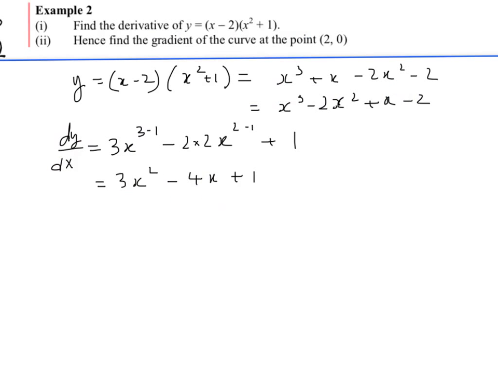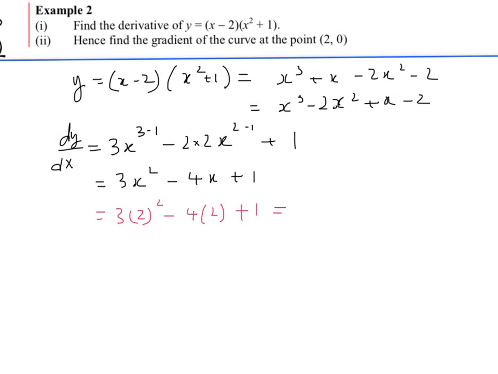So we've been given a point. We know x equals 2. So if we substitute x equals 2 in here, we will know the gradient at that point, x equals 2. So let's do that. We can put down 3 times 2 squared take away 4 times 2 plus 1.